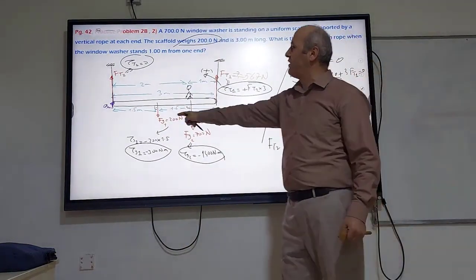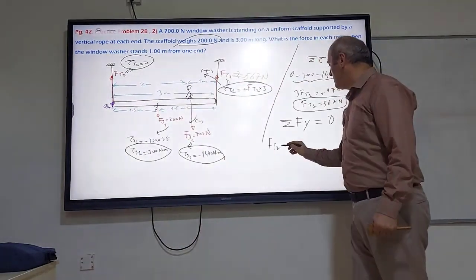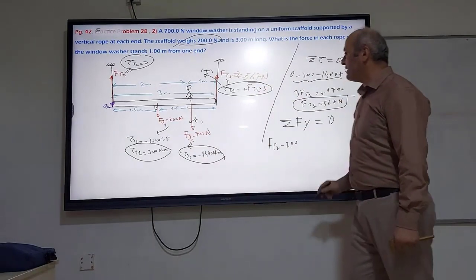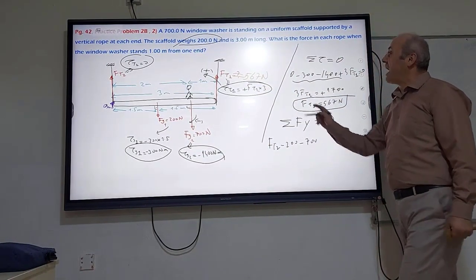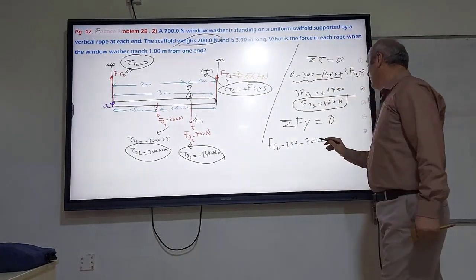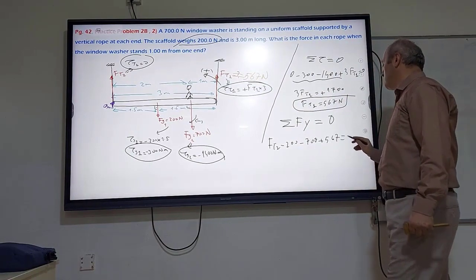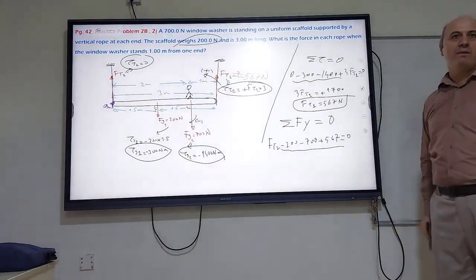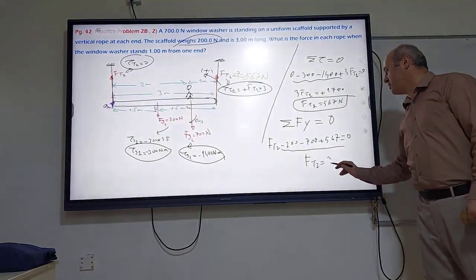Then Ft1. Negative 200, and the man's 700. Ft2 is negative, Ft1 is positive 567, equal to 0. Then you first calculate them and transfer to the other side. Ft2 is going to be, I think, 330.